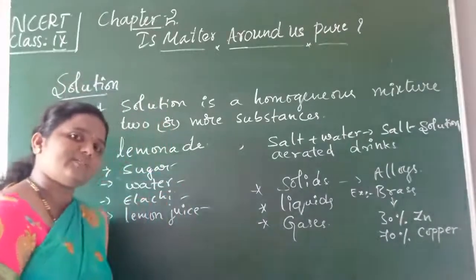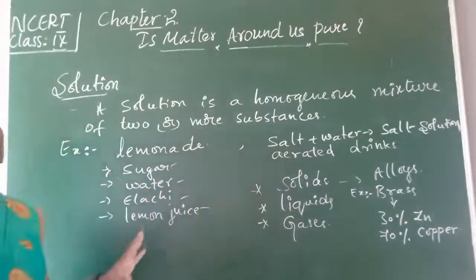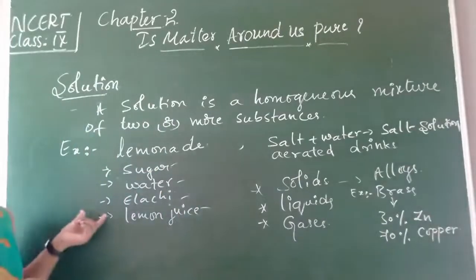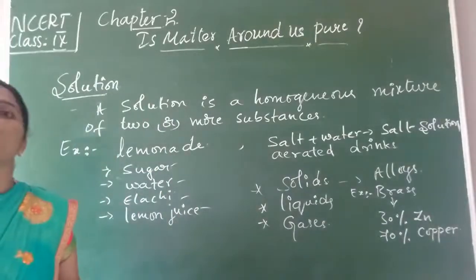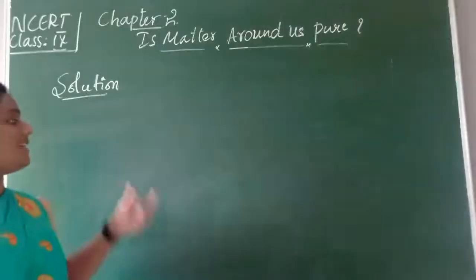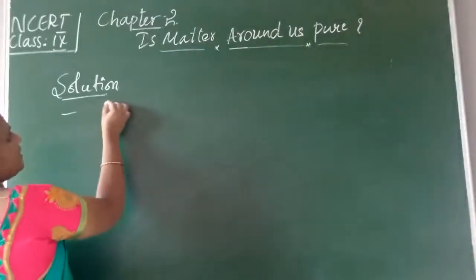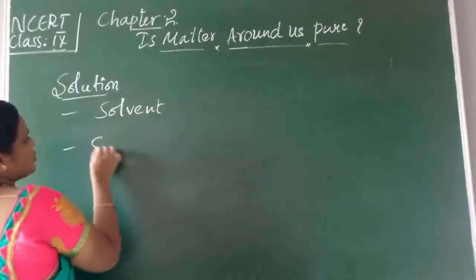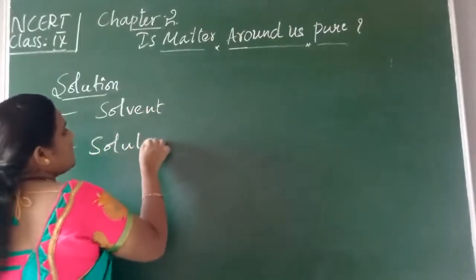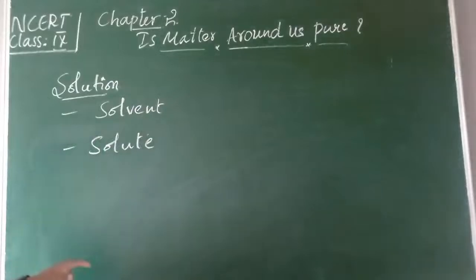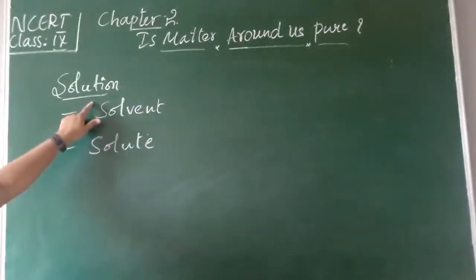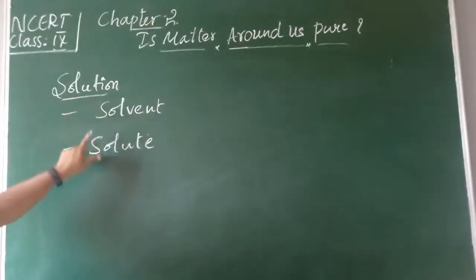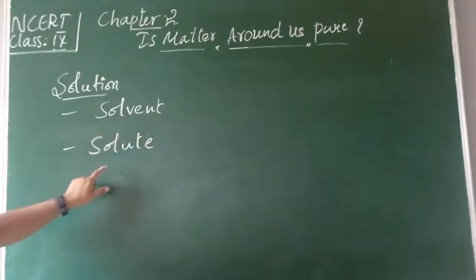How many components will be present, children? Two components. One is solute, the second one is solvent. Children, a solution contains solvent and solute as its main components. Means a solution consists of two main components, a solvent and a solute.